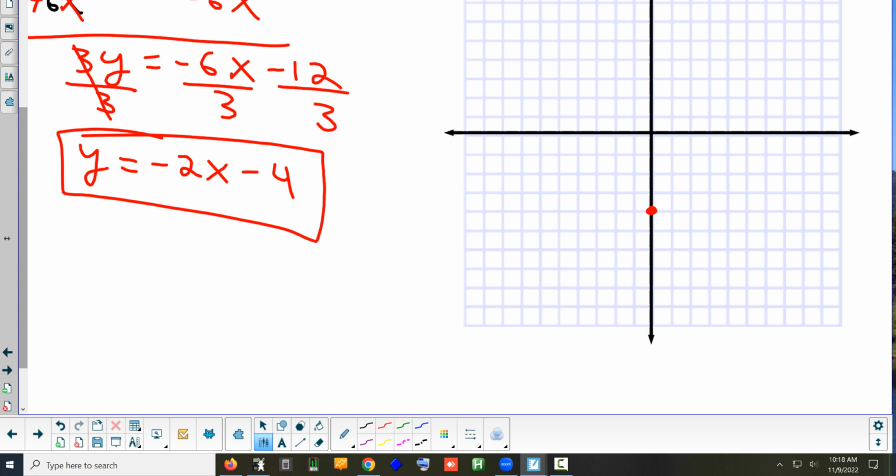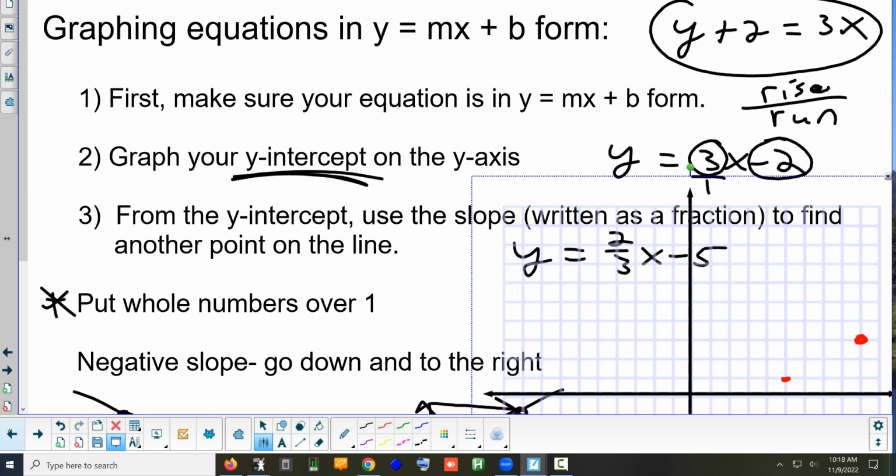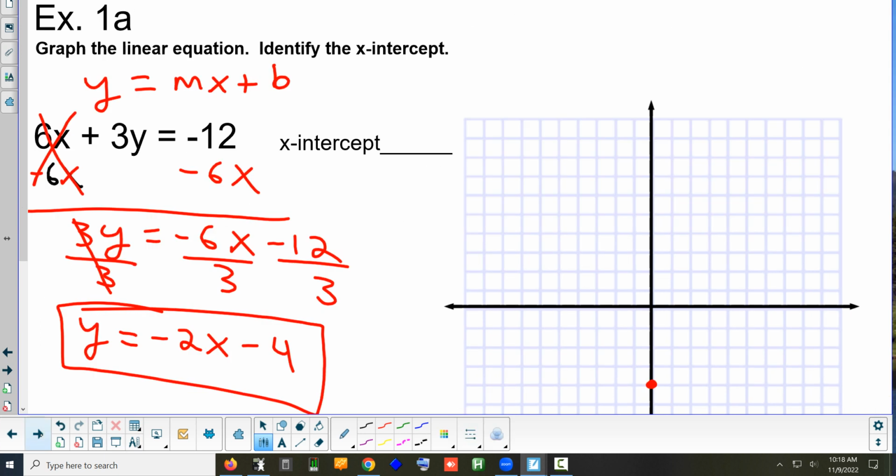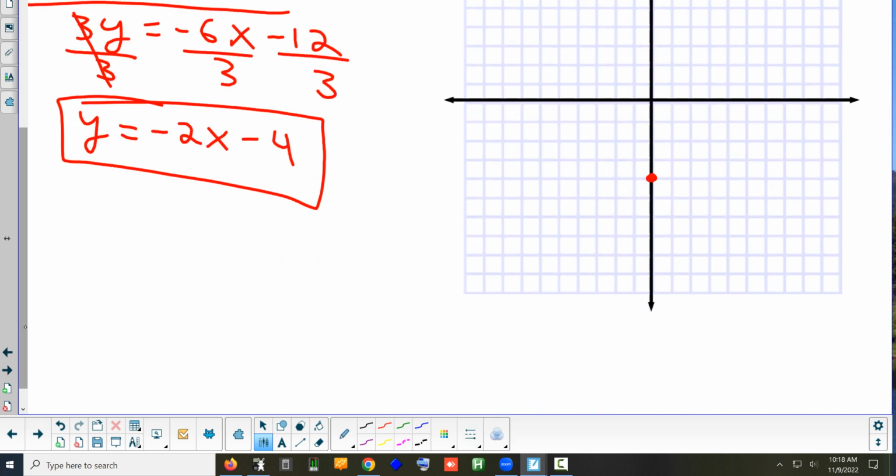Right, we're going to use the slope. So, from the y-intercept, use the slope to get another point on the line. So my slope is -2. But I need to think of my slope as a fraction, so I know how much up and down or how much left and right. So how can I think of -2 as a fraction? Yeah, just put it over 1.